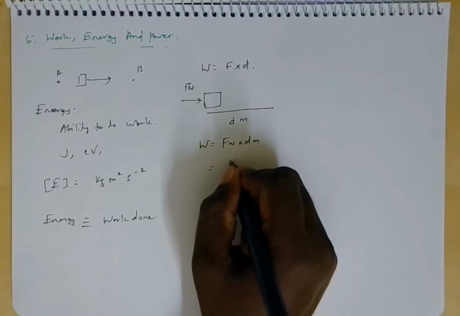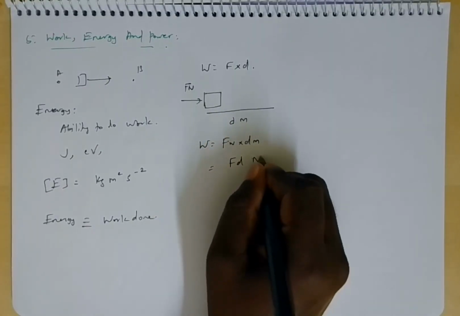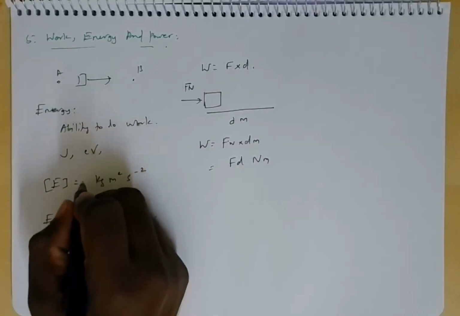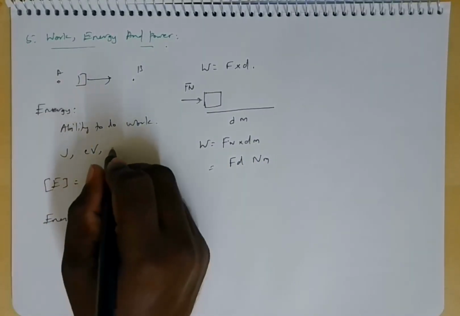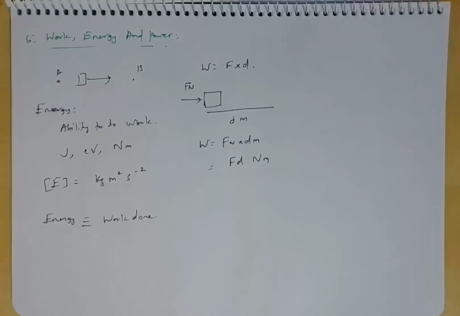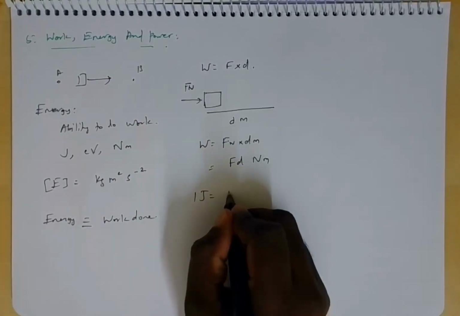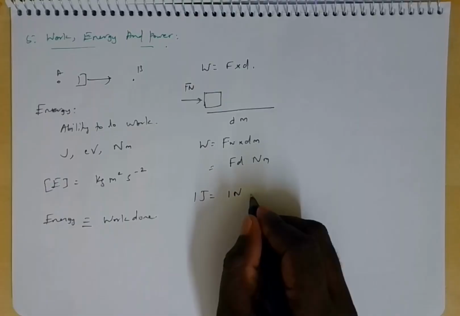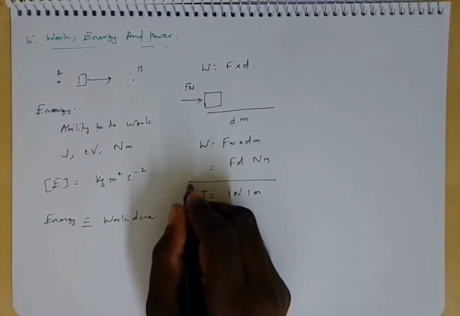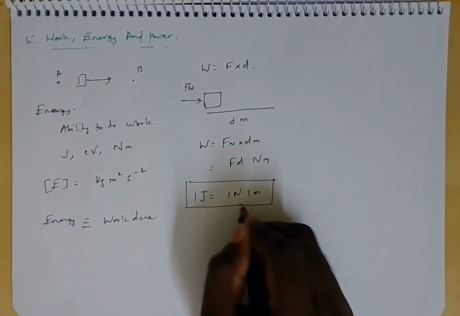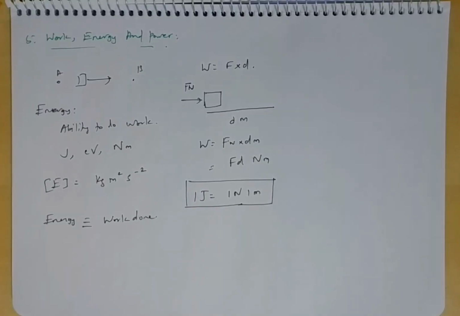So this is F times d, Newton meter. That's one more unit for energy. So energy is measured in Newton meters. How much is 1 joule if you ask? 1 Newton force applied for 1 meter. That's 1 joule. Okay, that's the idea.